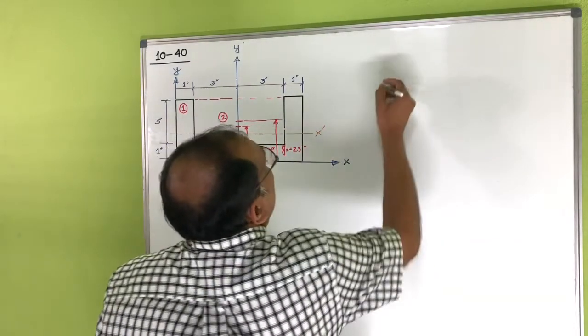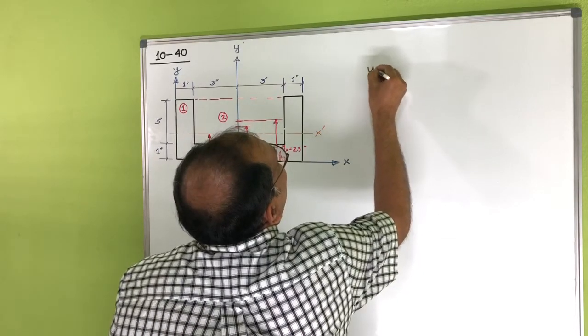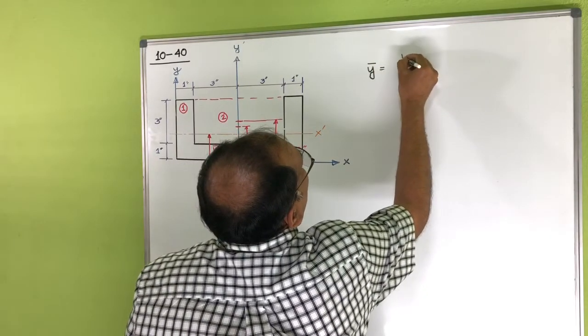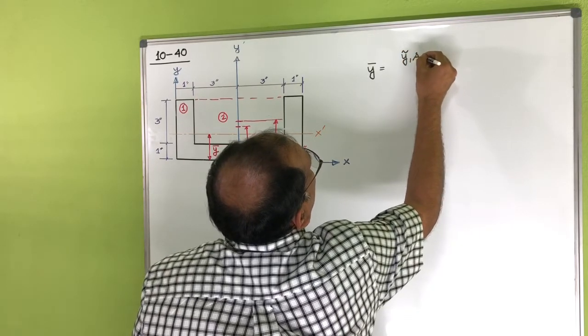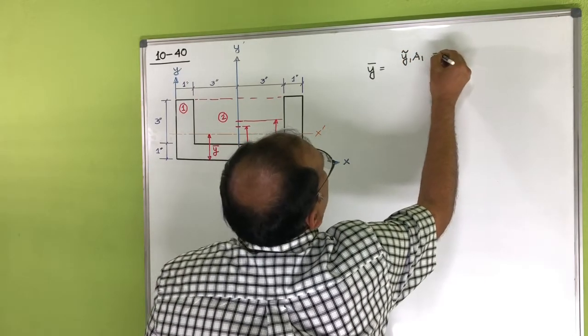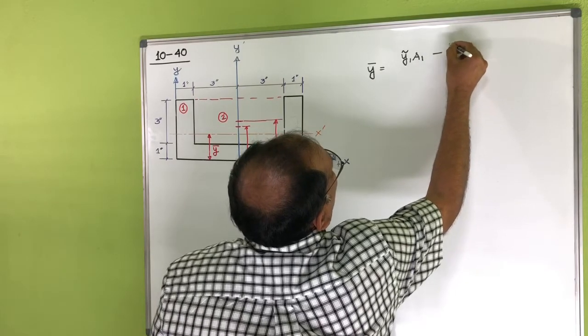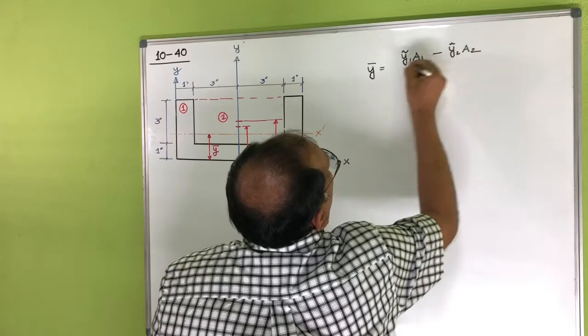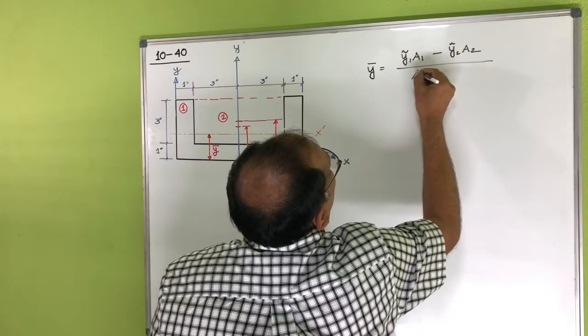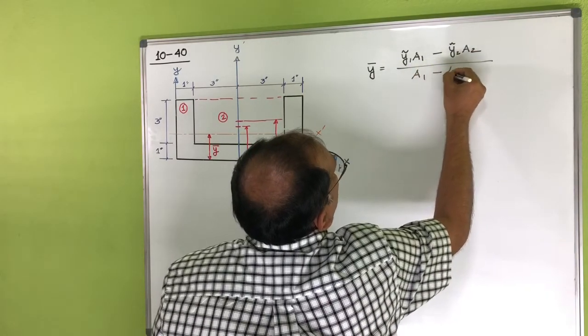So my y bar would be y tilde 1 A1 minus y tilde 2 A2, divided by A1 minus A2.